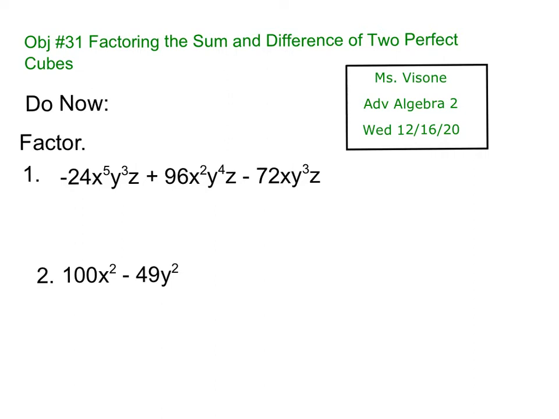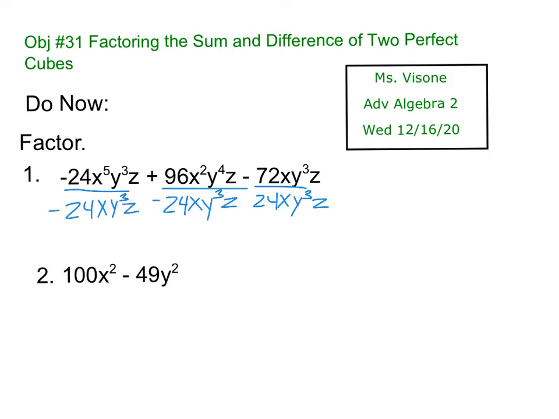All right, so this is a GCF. Does 24 go into 96? I think it does. Yep. So we've got 24, the smallest power of x is x, y cubed, and then z.